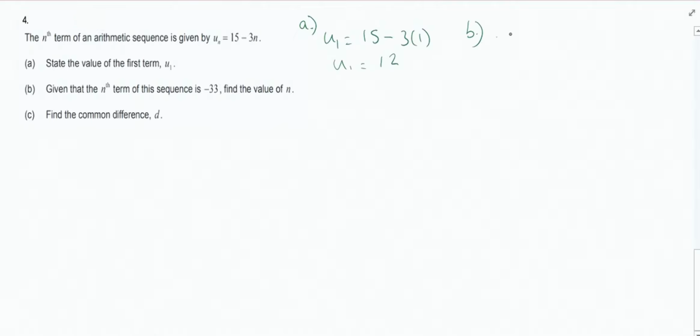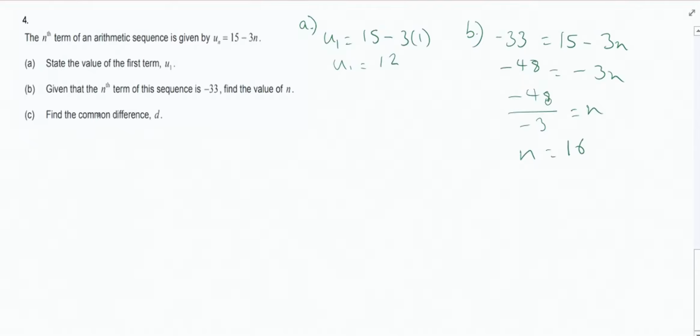Let's write minus 33 equals 15 minus 3n. So minus 48 equals minus 3n, and dividing minus 48 by minus 3, n will be 16. So the value of n is 16.